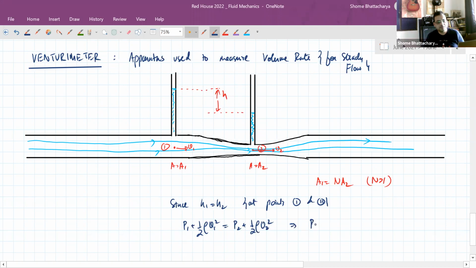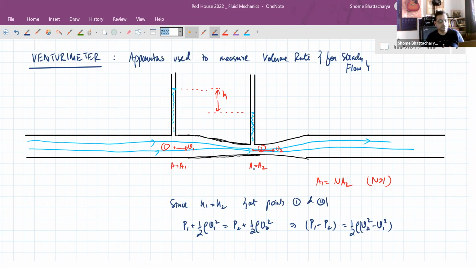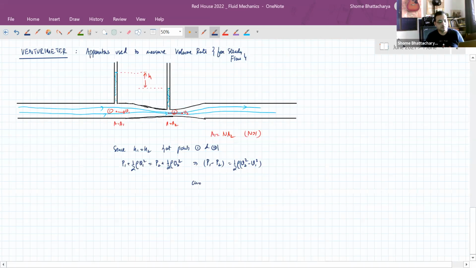This is just like the application question, that numerical problem, that we had done. Now, next step, when we employ the continuity equation, that tells us that V2 is equal to n times V1.